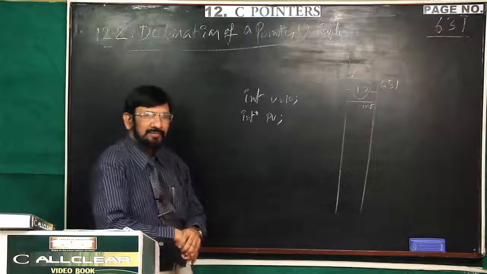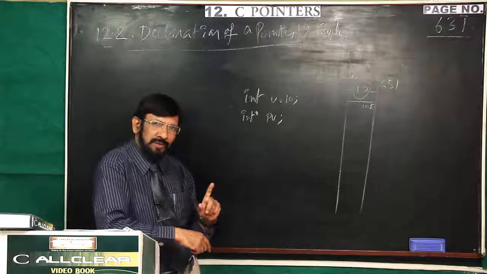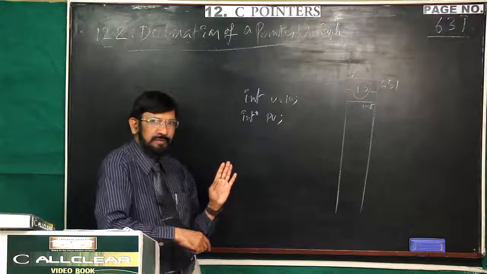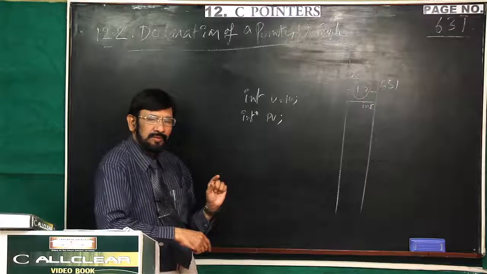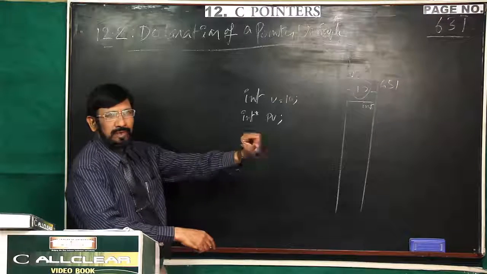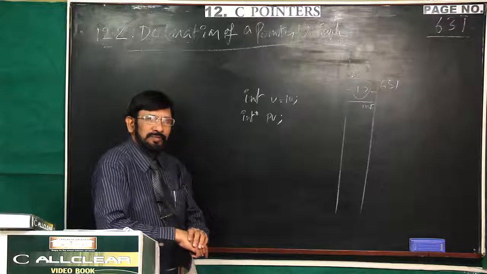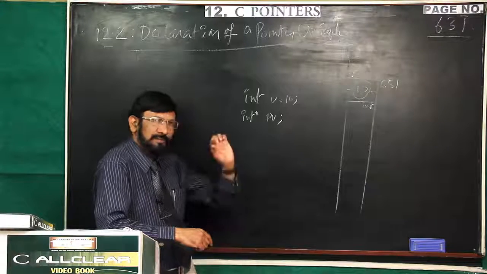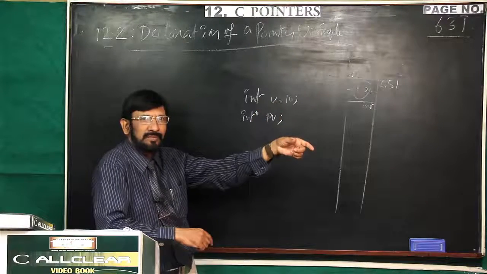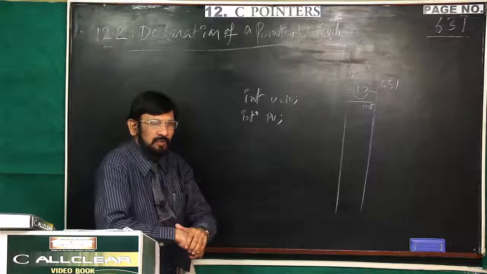Pointer variables are different from the ordinary variables I explained. Ordinary variables are meant for storing a value of a particular type, and pointer variables are meant for storing the address of another element. The other element may be a variable also.